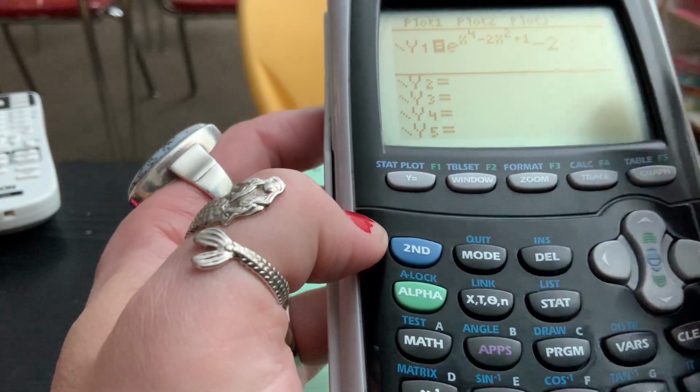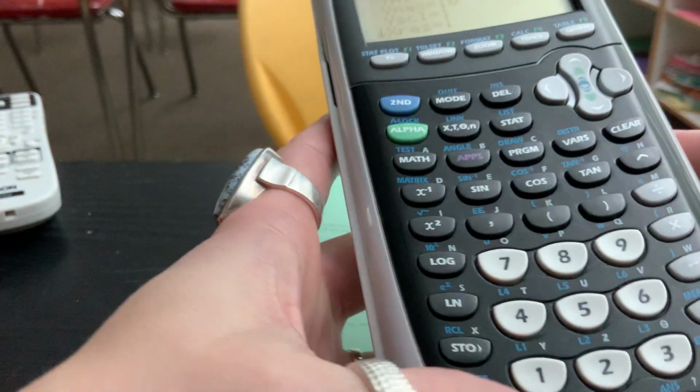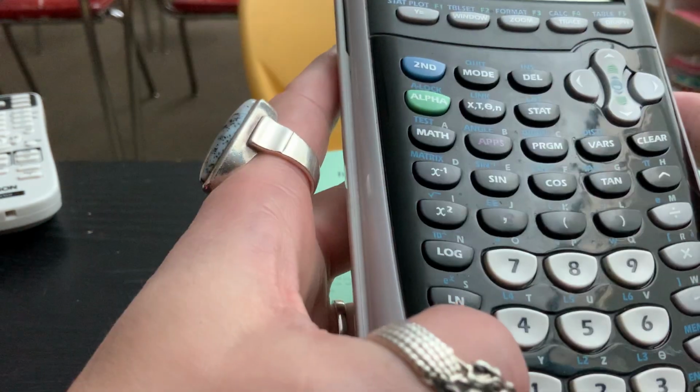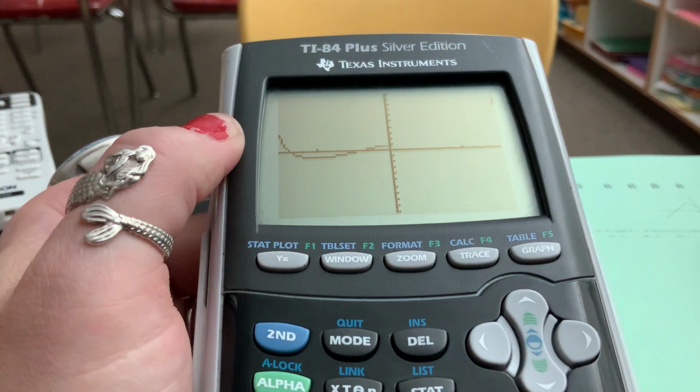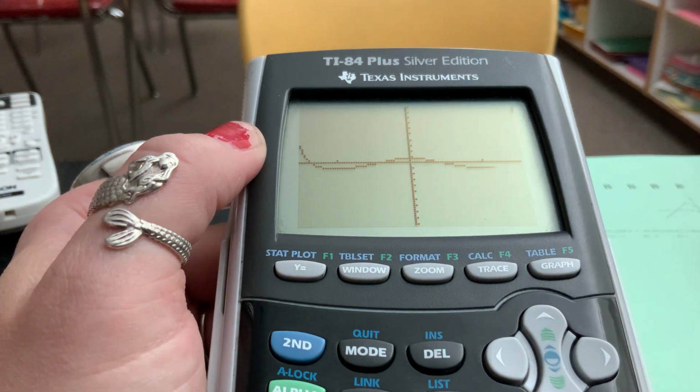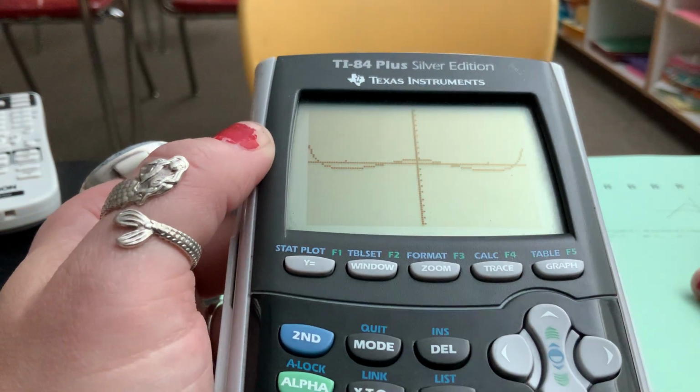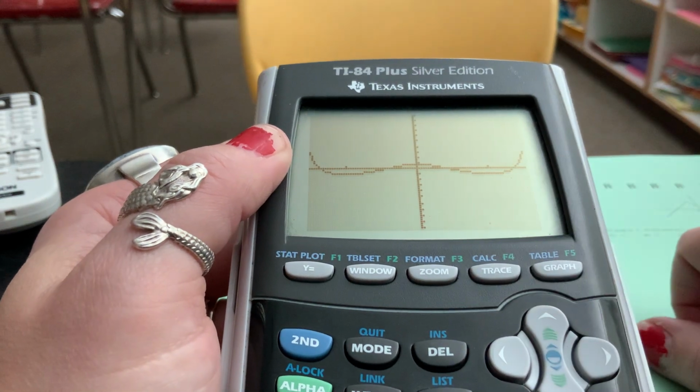Okay. And it just says to do between negative 1.5 and 1.5. Okay, now this is the first derivative.